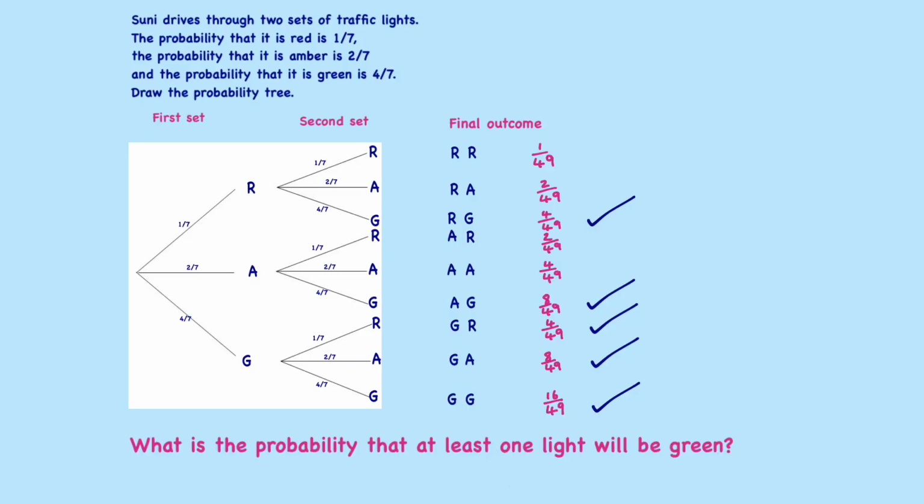So because we could have red and green, or amber and green, or green and red, or green and amber, or green and green, because I'm using the word or, I add these 5 together, and that will give me my probability of 40/49.